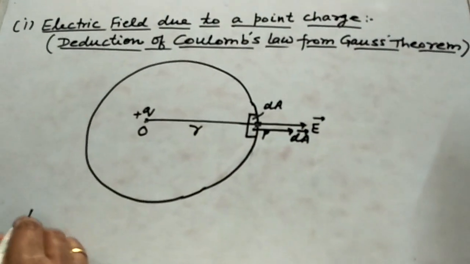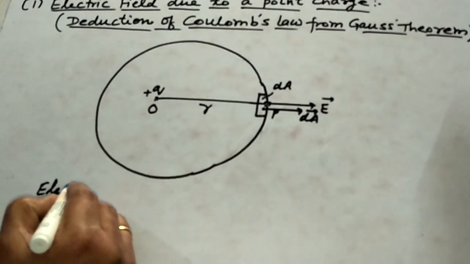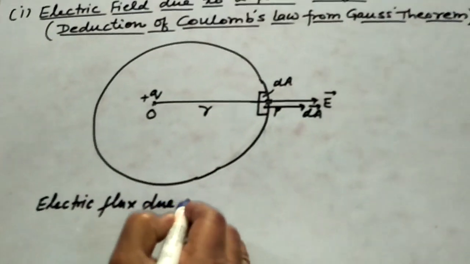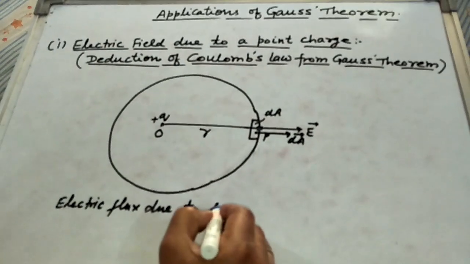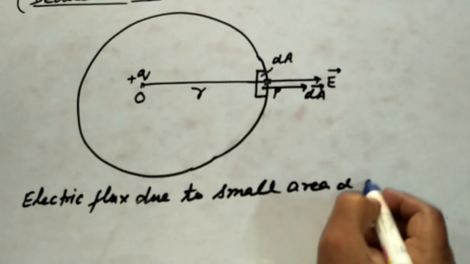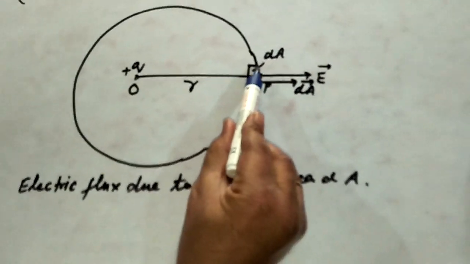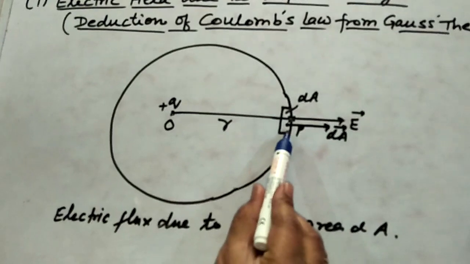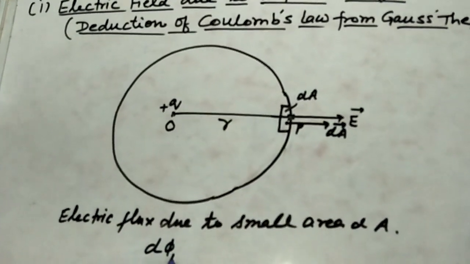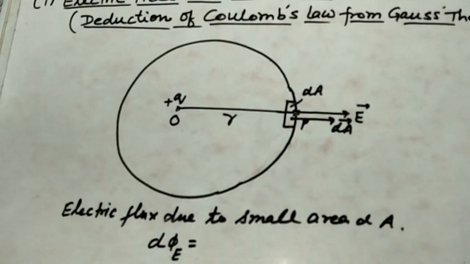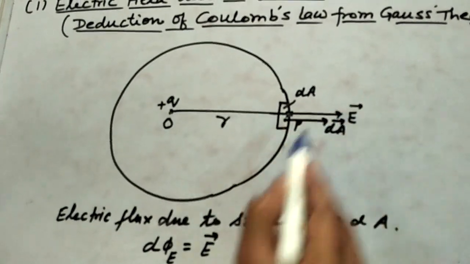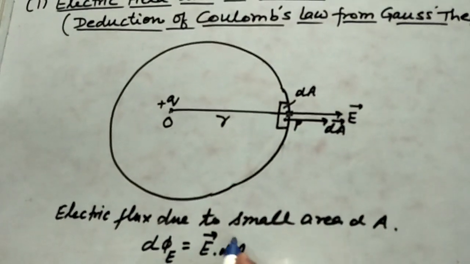So first step, how can we find the electric flux through this small area element dA? Suppose that electric flux is d phi E. So you can say d phi E is the dot product of vector E and area vector dA.